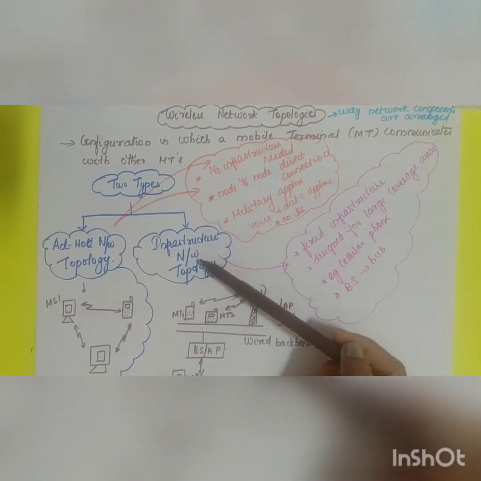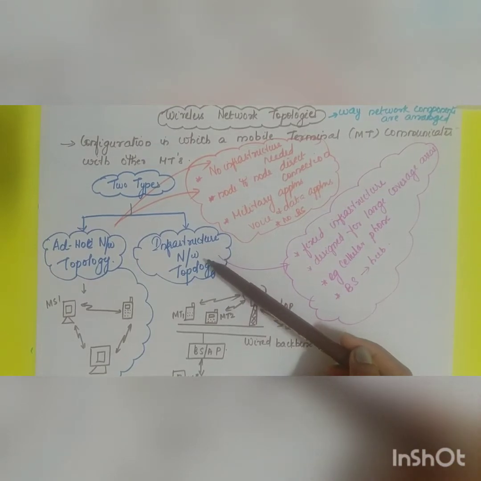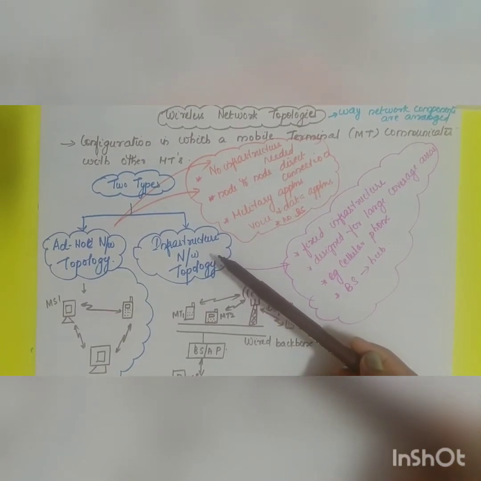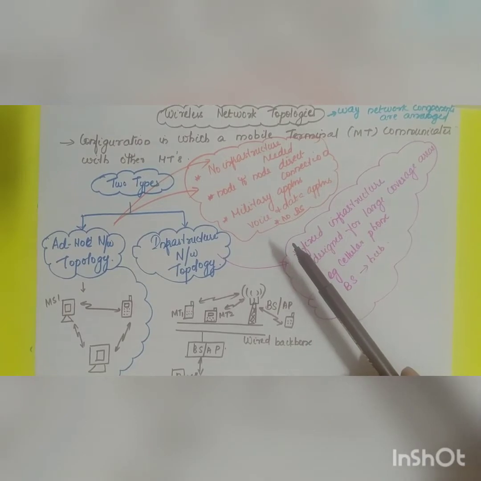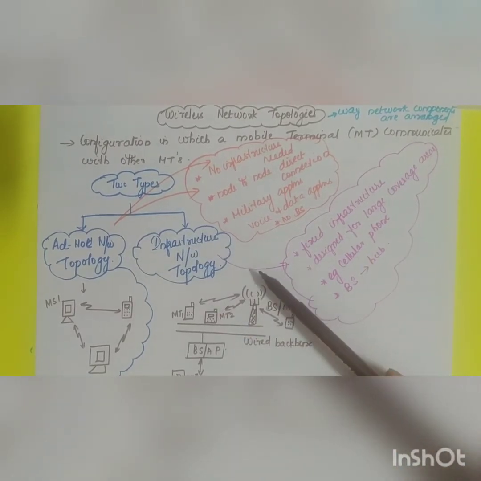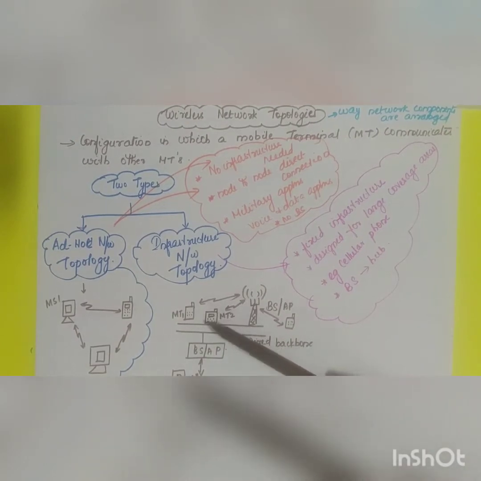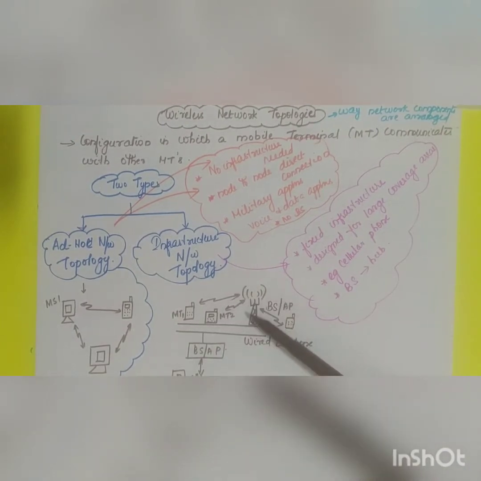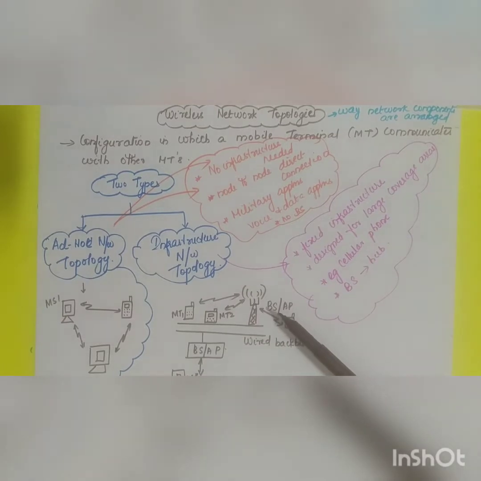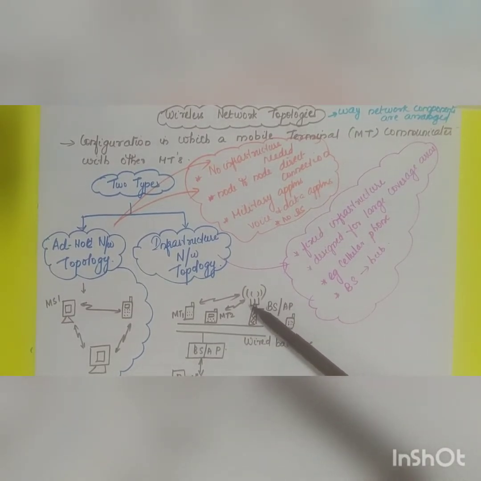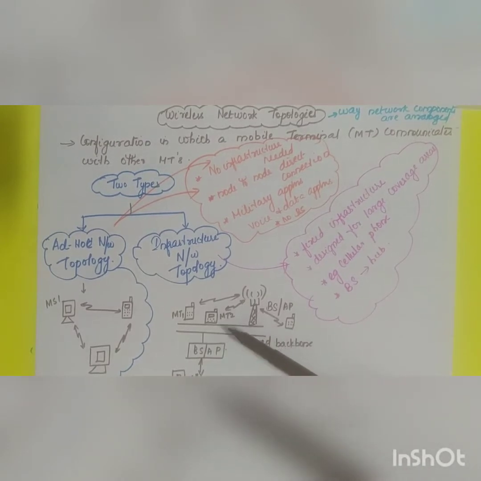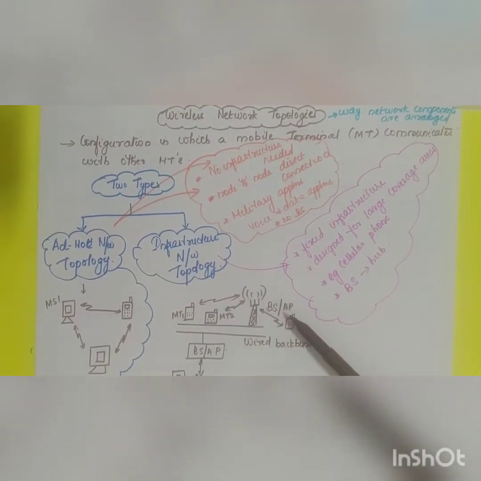Whereas in the case of infrastructure network topology, it is used for a very large coverage area, so it needs an infrastructure. Basically, this is the example or the structure. Your mobile terminals are connected through your base station. An example is your cellular telephone system. Here your base station will be connecting to all the mobile terminals, where your access point is nothing but your router.